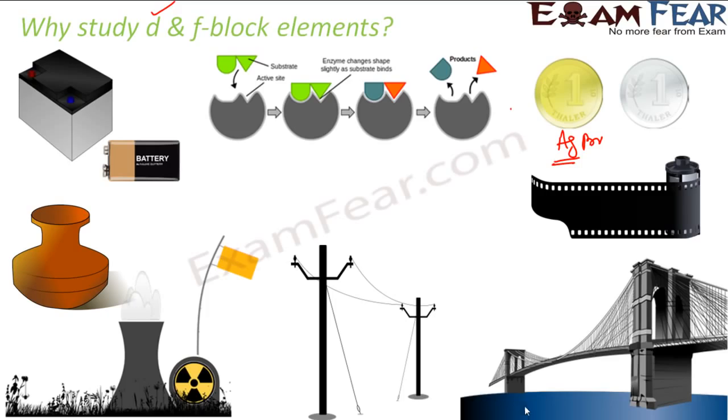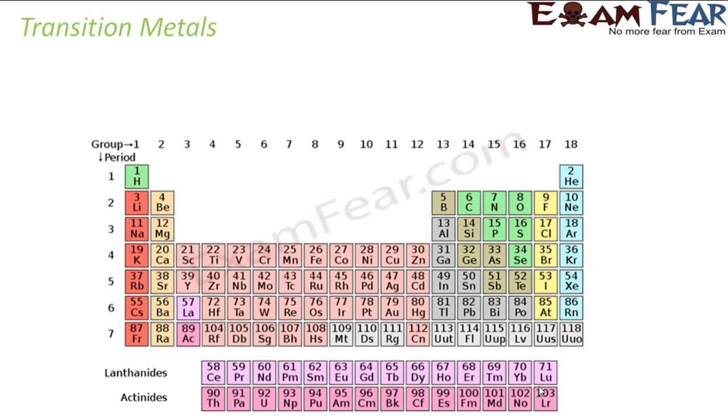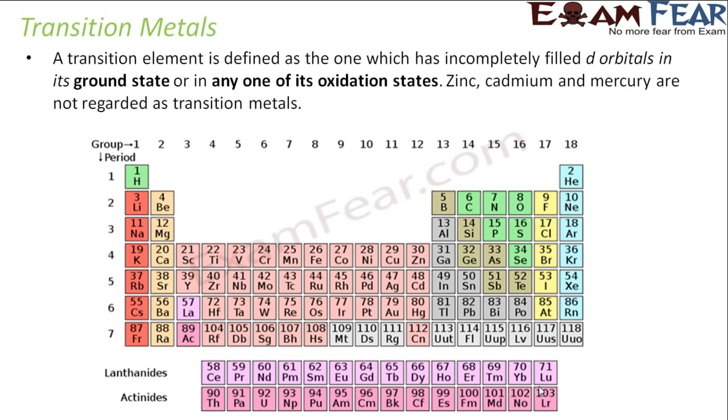It is good that we understand the properties and the trends of D and F block elements. As I told, we'll define what are transition metals. So the definition says the transition metal is one which has incompletely filled d orbital. Please note, it has incompletely filled d orbital in the ground state or any of its oxidation state.